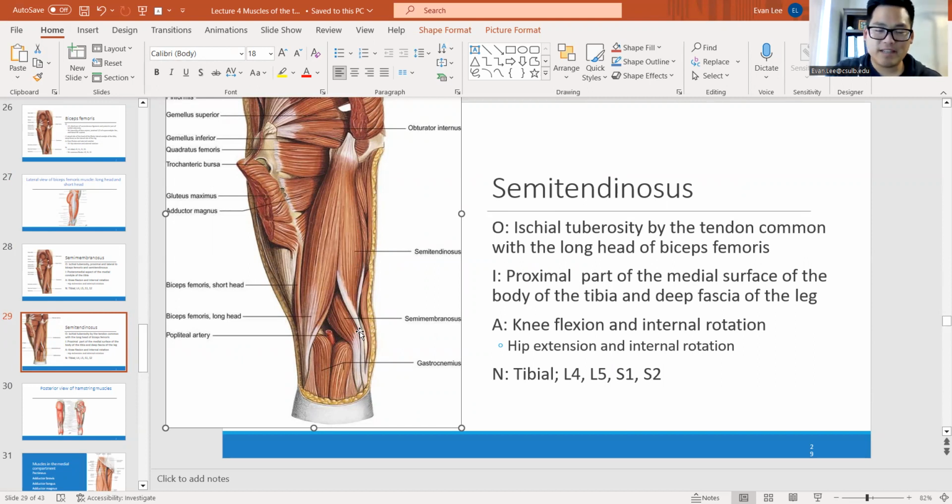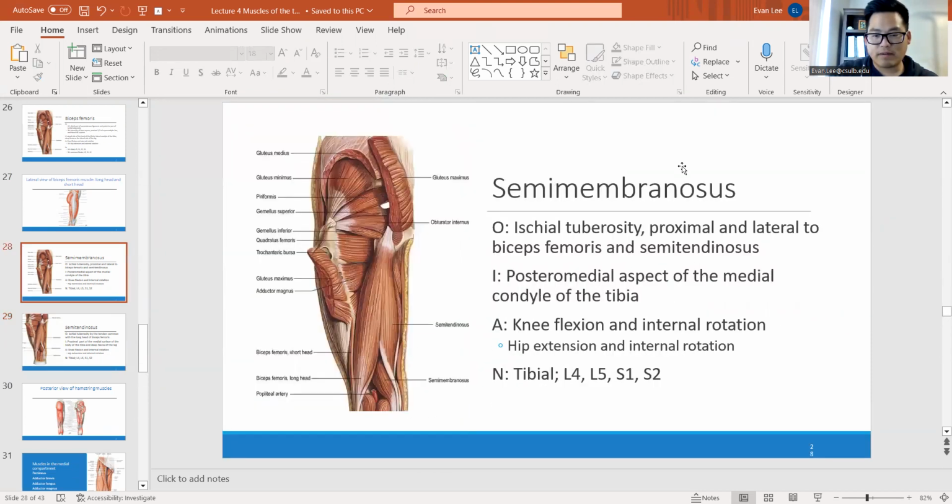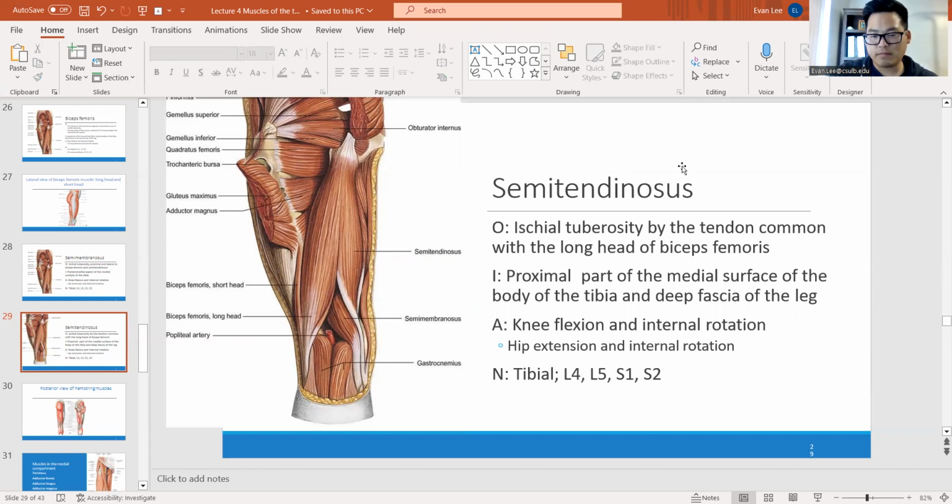But luckily, it will share the same origin with biceps femoris and semimembranosus at the ischial tuberosity, and then it goes down and inserts onto the medial side of the tibia. So this is going to help with knee flexion, hip extension, and then internal rotation of both knee and hip. And then same innervation as semimembranosus, that is L4, L5, S1, and S2.